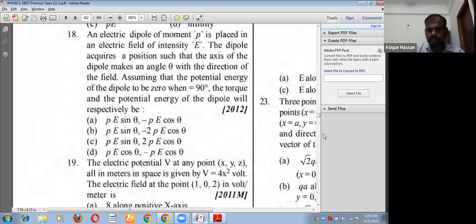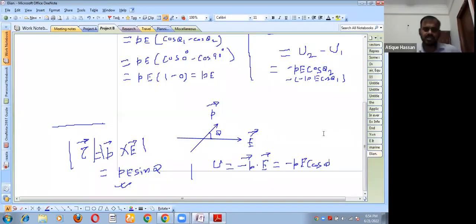It only wants to trap the student in the language, like it gives when theta is equal to 90 degrees, take potential energy 0. So that condition, when theta is 90 degrees, potential energy is 0, is already considered in the formula.